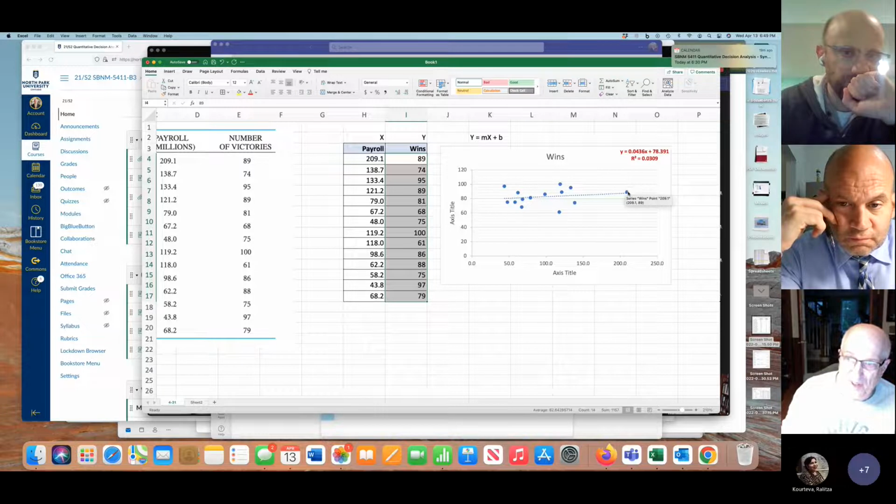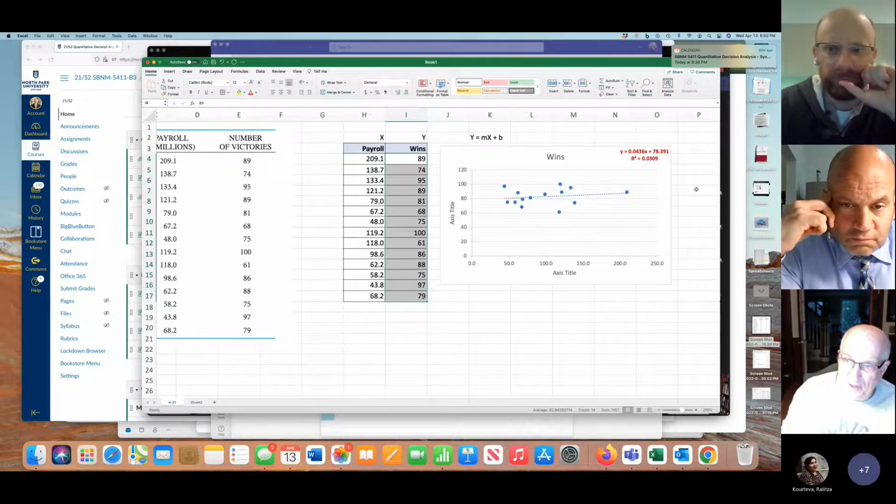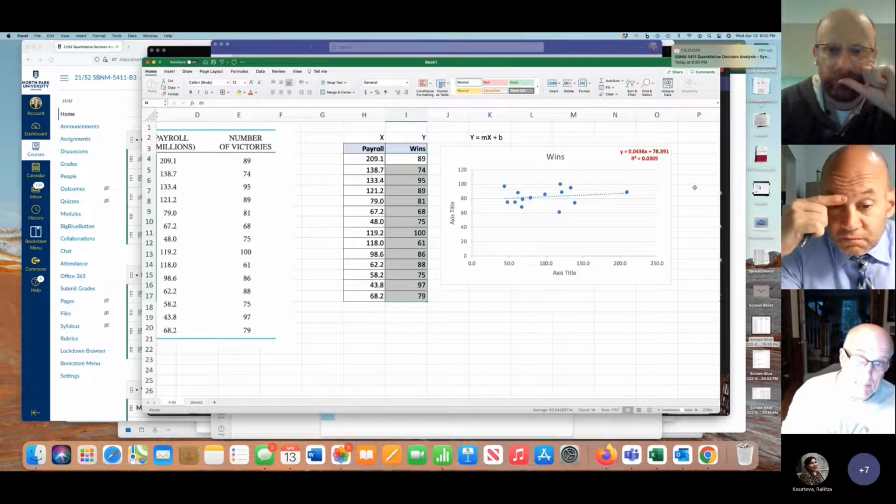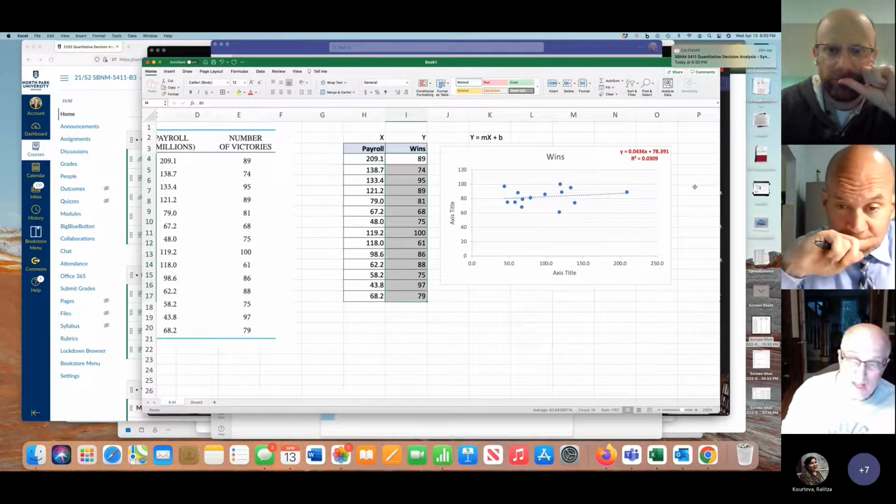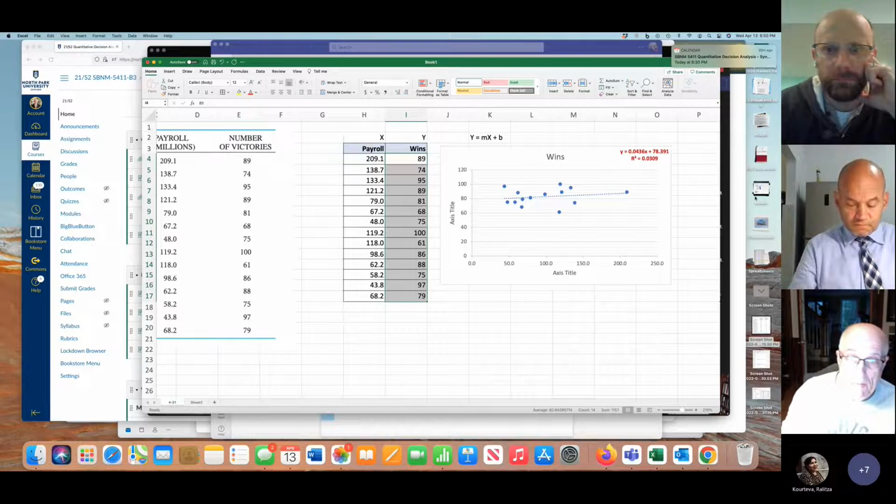This looks like another point. This helps define where the line is going to go. And the farther out it is, the more it's going to dominate this regression model. If you understand what I'm saying, it will pull the line in wherever to its location, the farther away it is from the rest of the data.